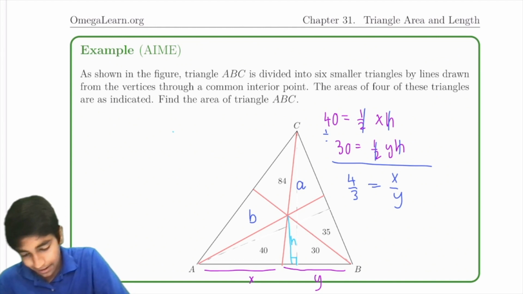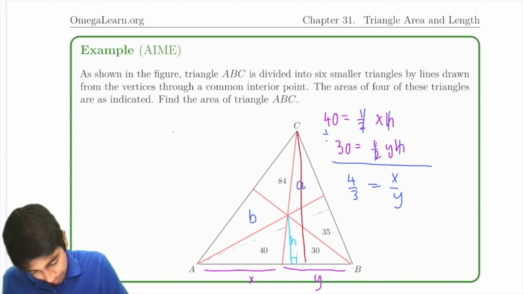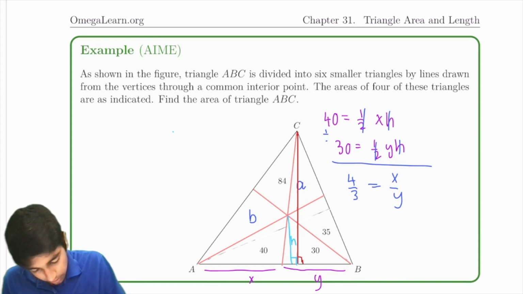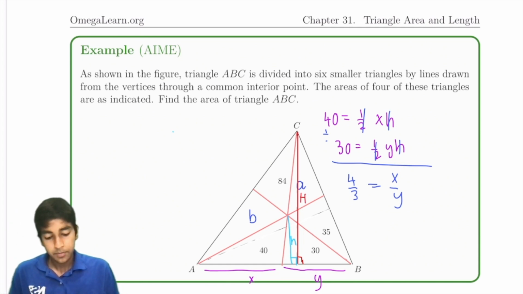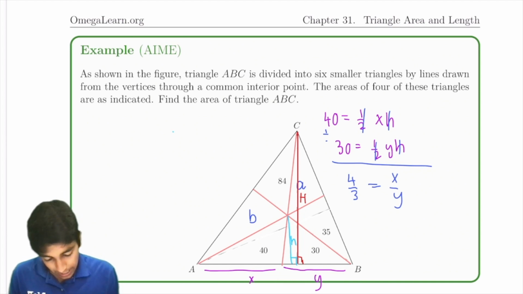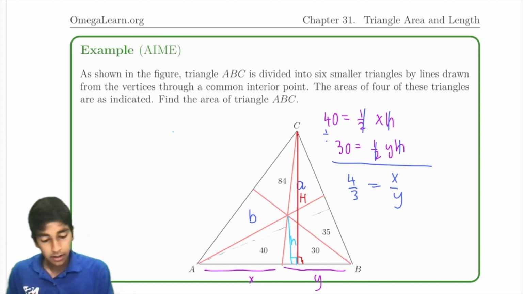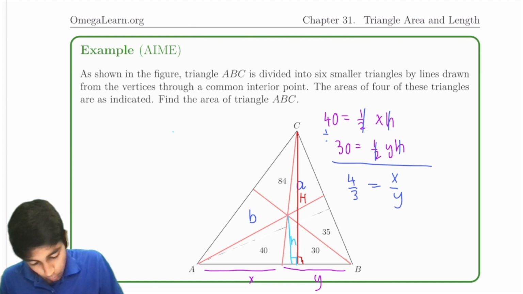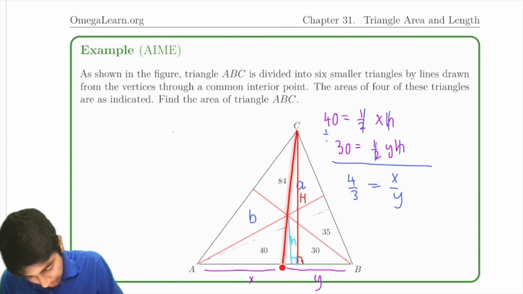So the key thing here is now, let's drop another altitude. Drop one all the way over there. This is now h of the big triangle. Let's call it big H, capital H right there. So if this is the height of the big triangle, then, well, we know the ratio of x to y. So what is the area of this triangle here?